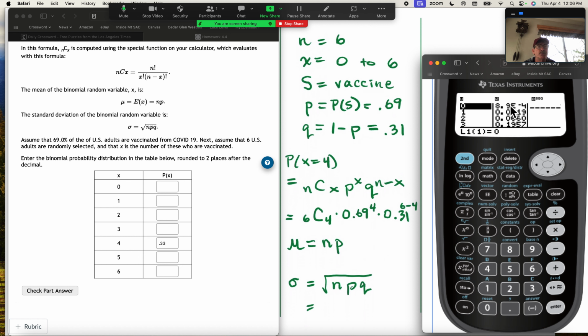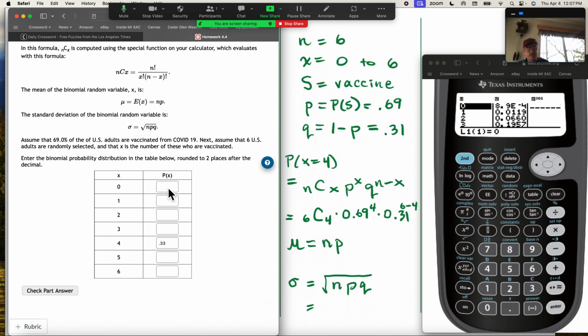We just hit enter through all that. And so here are your probabilities. This 8.9 times 10 to the negative 4 is what this means. It's telling you to move the decimal 4 places to the left. Let me just put it up on my little sheet here.